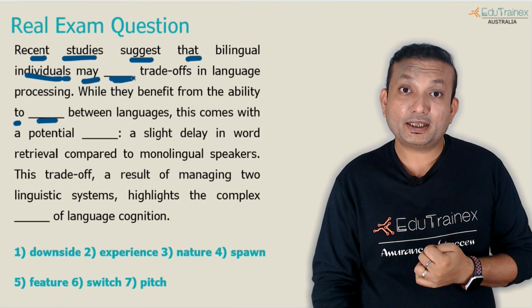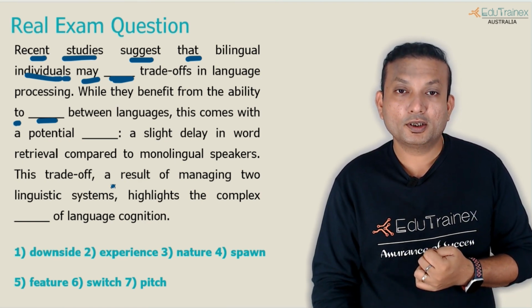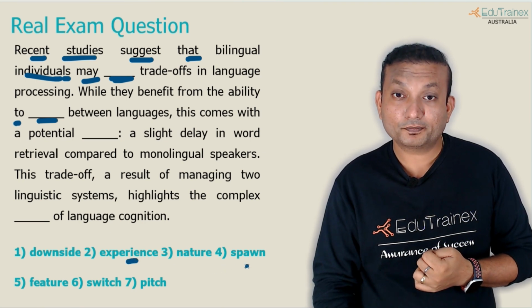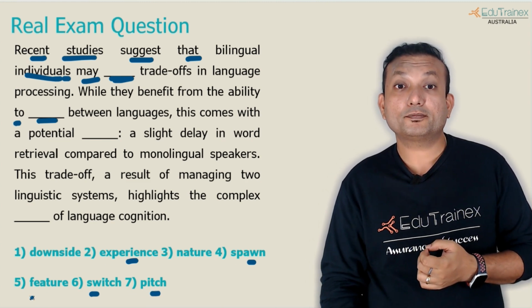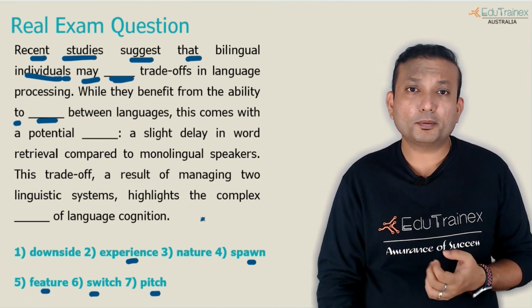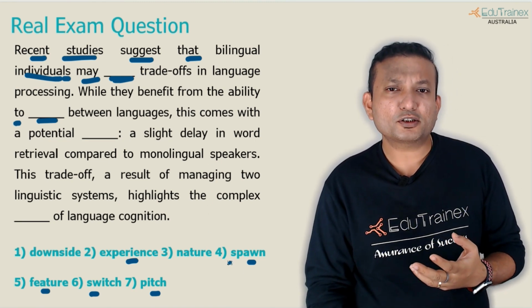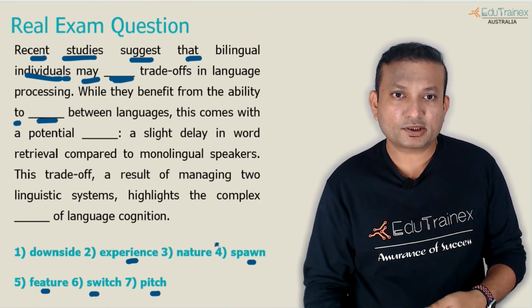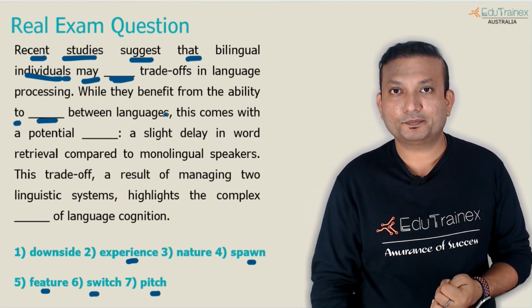So individuals may dash trade-offs in language processing. So what do you see? We need a verb. Experience is a verb, spawn can be a verb, switch can be a verb, pitch can be a verb, feature can also be a verb. So many verbs, but which one do you think is making sense? May experience trade-offs, may spawn, means diverse, may feature trade-offs, switch trade-offs, or pitch trade-offs.